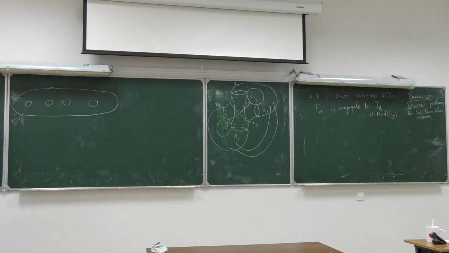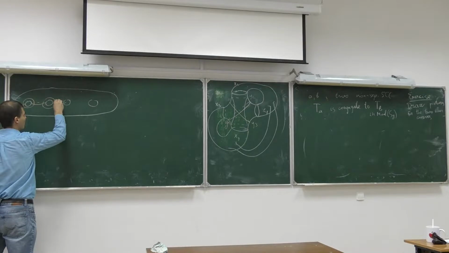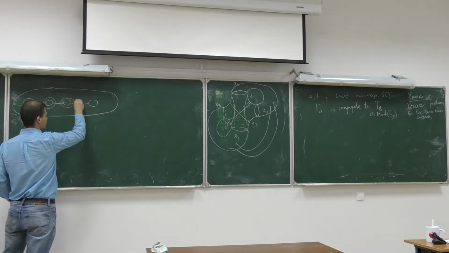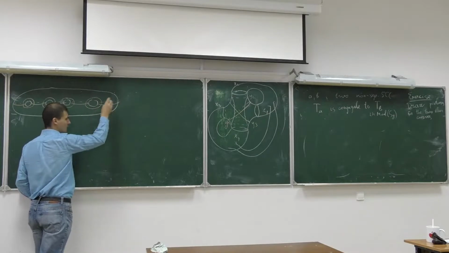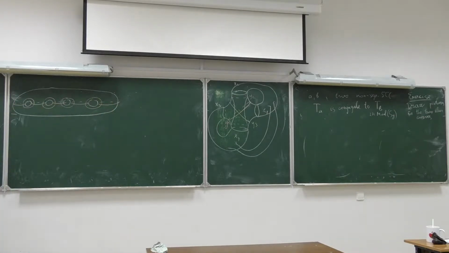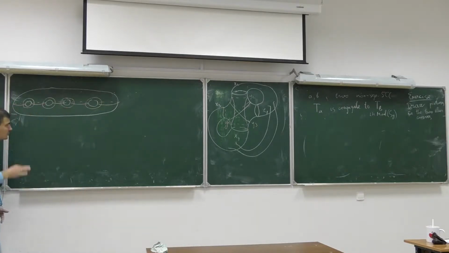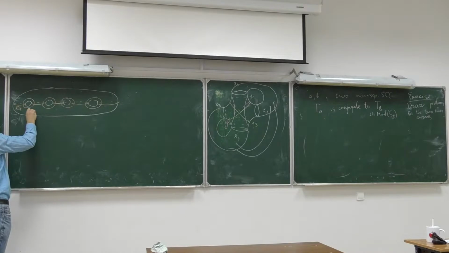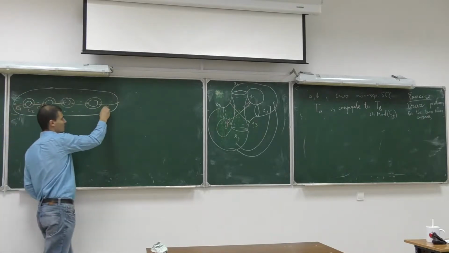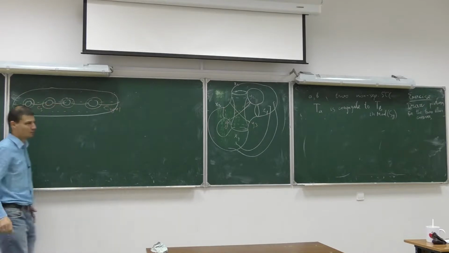Suppose that you have a chain of 2g plus 1 curves. Now suppose that our surface is closed and we have such a chain of 2g plus 1 curves. Actually, it is not hard to see that any chain up to homeomorphism is like that. Since it's a chain, it's usually denoted by C.